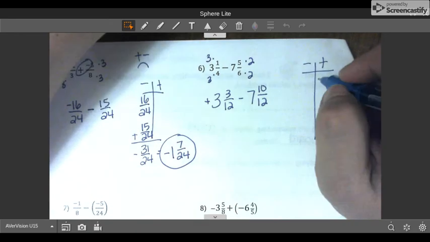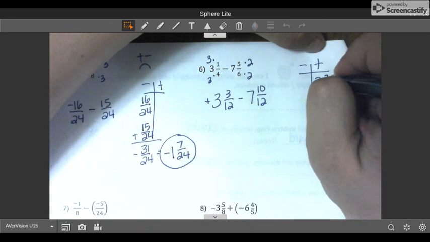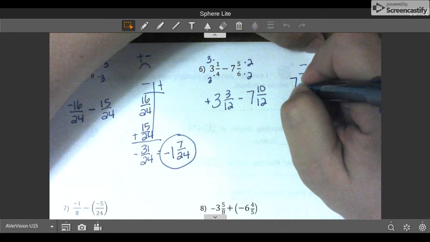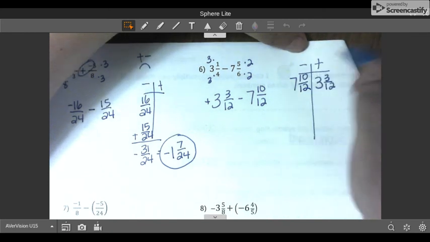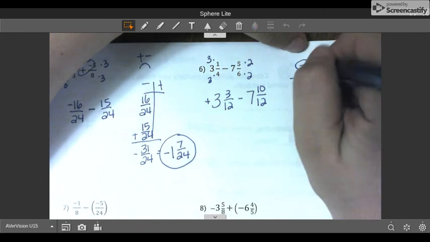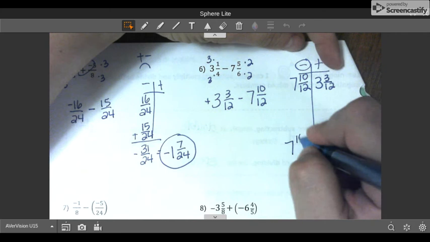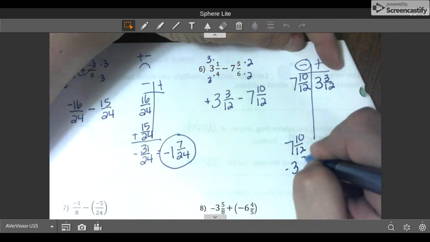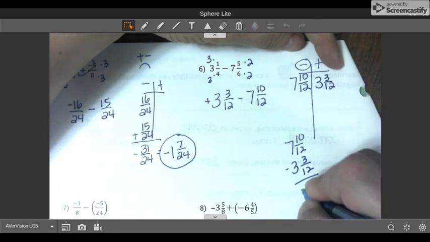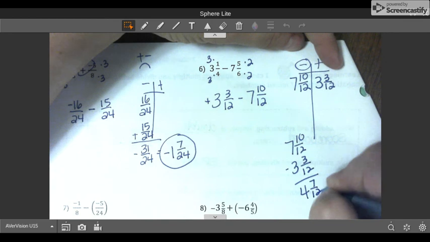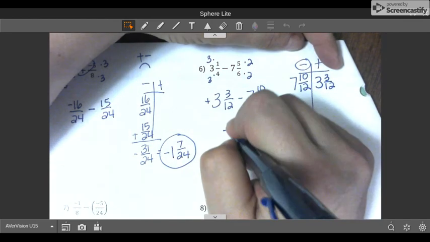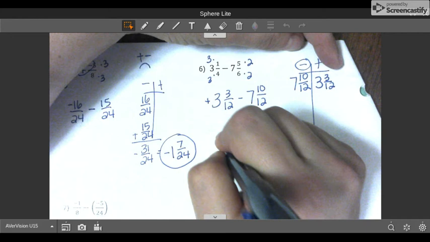Let's see, we have a positive 3 and 3/12, and we have a negative 7 and 10/12. Which sign wins? Negatives. By how much? 4 and 7/12. So the answer here would be negative 4 and 7/12.